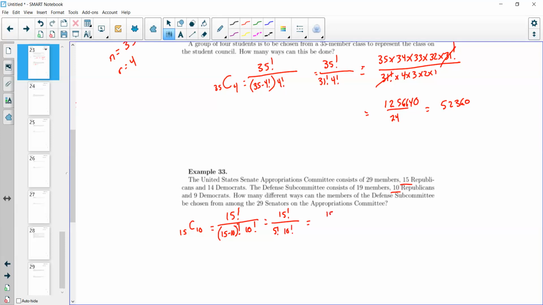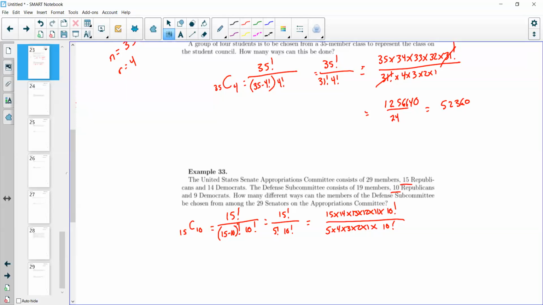Now I'm going to switch it up a little bit here. 15 times 14 times 13 times 12 times 11 times 10 factorial, over 5 times 4 times 3 times 2 times 1 times 10 factorial.